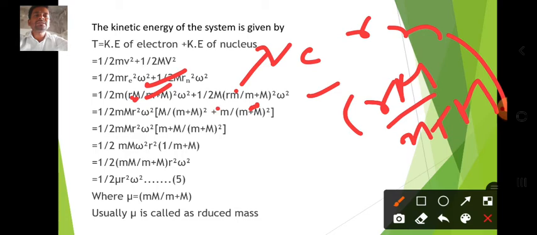But outside is capital M. Here outside is small m, inside is capital M. But here the square term is there, so it becomes m square. So from m square take out m, and here also from small m square take out small m, and one m will be there inside, right?